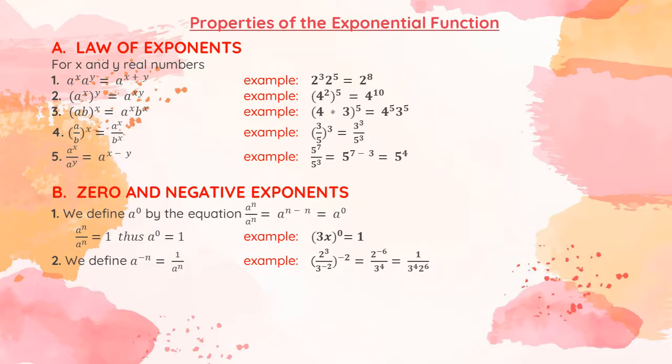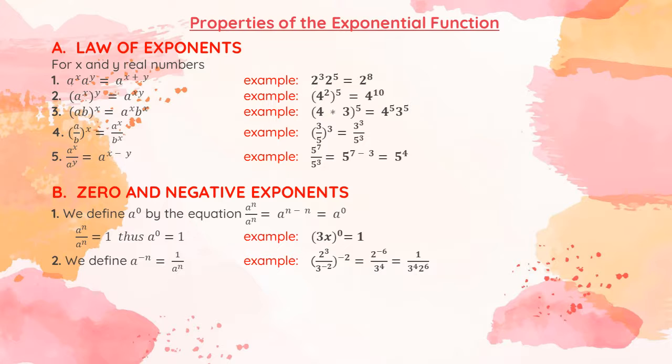Next, another, we define a raised to negative n is equal to 1 over a raised to n. So, for example po, class, ang value na ating base ay 2. Then, yung ating exponent para sa numerator ay positive 3. Then, sa denominator naman po ay negative 2. Then sa labas po ay meron negative 2. So kapag ganyan po yung given, simple lang po ang ating solution dyan.